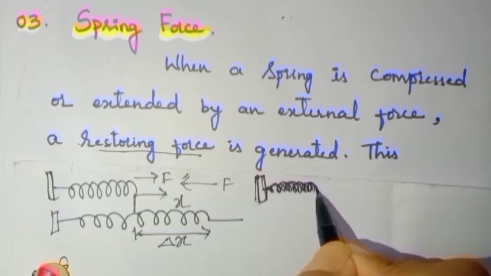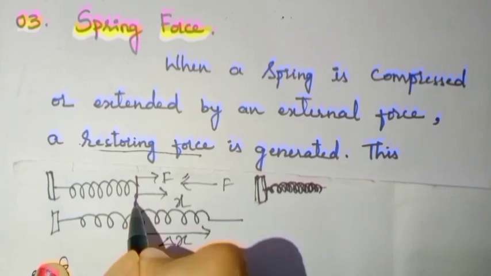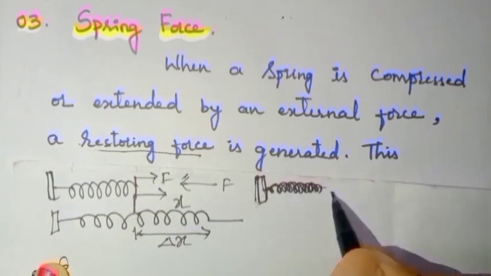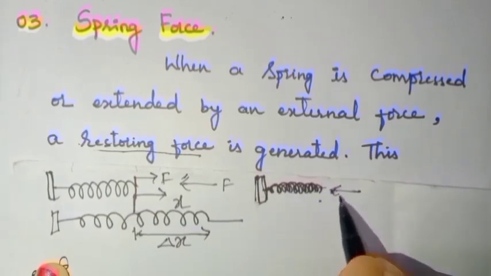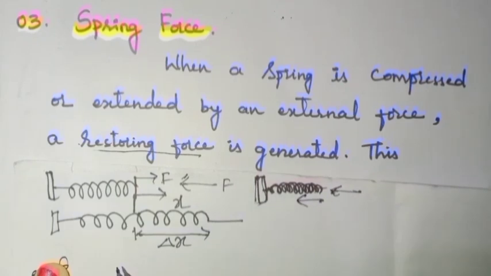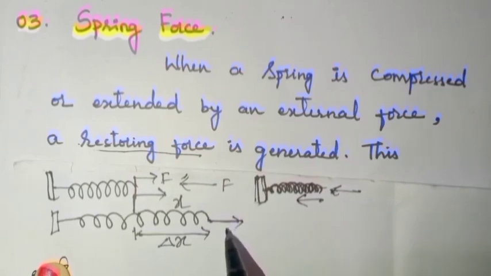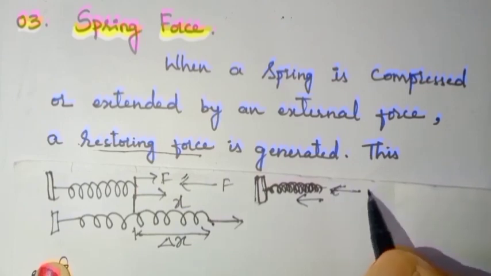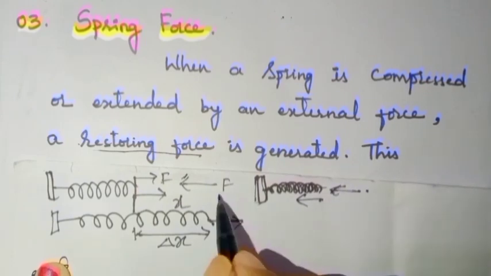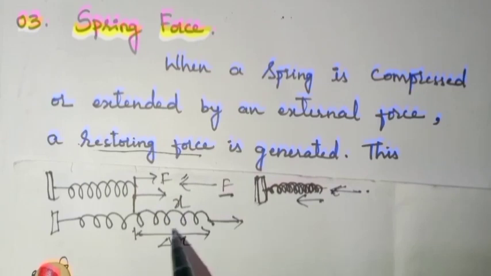It was in its position, but when you have applied the force in this direction, the size is decreased. One more thing you have to observe clearly here: whenever you elongate or compress the spring, after the removal of the force, will the spring remain in the same position?